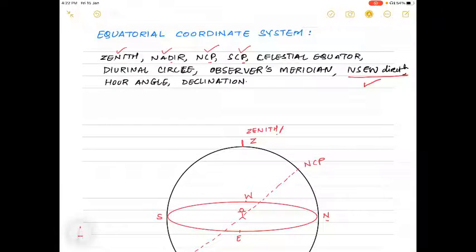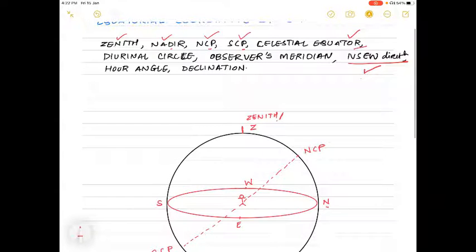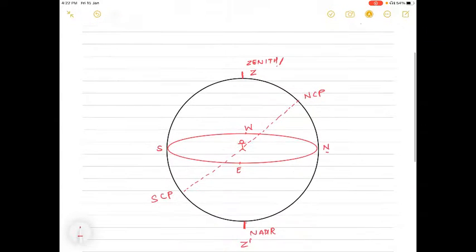Now the next thing we should know is the celestial equator. How do we draw it? You have to remember that the celestial equator is always perpendicular to the north and south celestial poles. Wherever your north and south celestial poles are located, your celestial equator will be perpendicular to them, like this. In this diagram it may not look perfectly perpendicular, but we have to assume it.